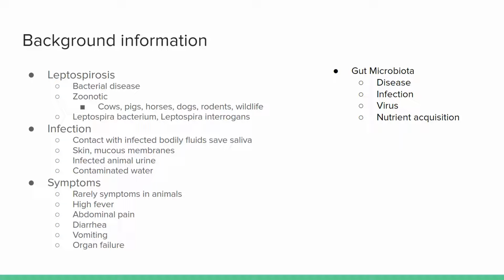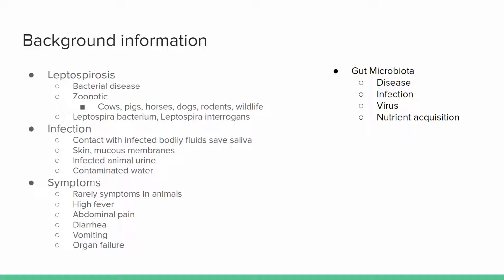Now, as far as bodily fluid transmission goes, urine is the predominant bodily fluid responsible for diffusion of this bacteria. So if an animal that is harboring this bacteria urinates somewhere, then the bacteria will stay there until picked up by a new host. As far as symptoms go, they differ between humans and animals.